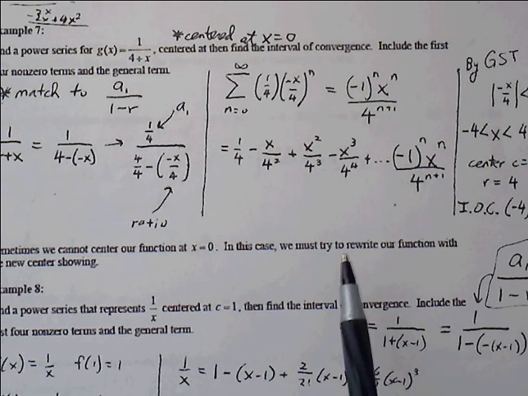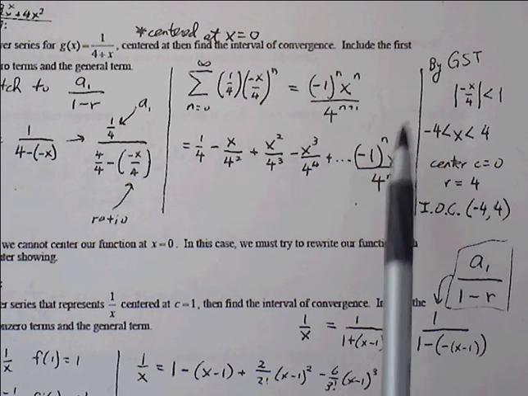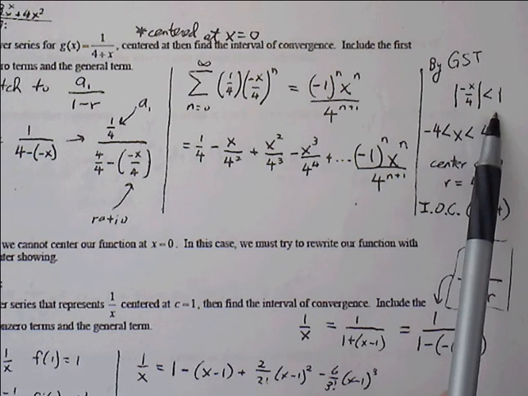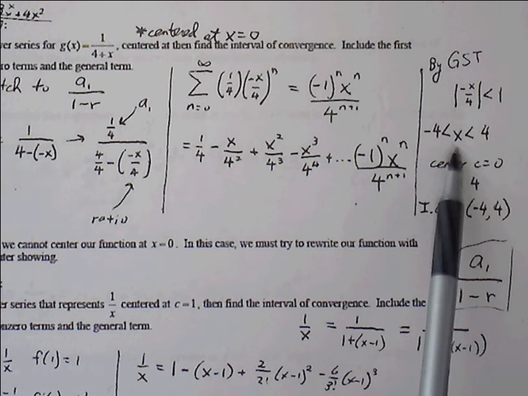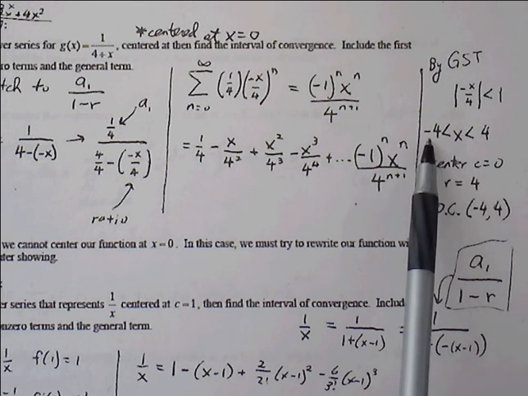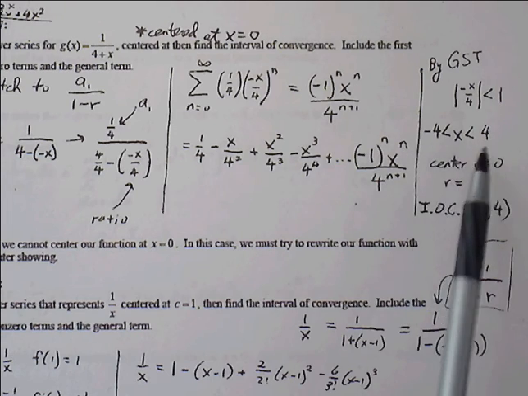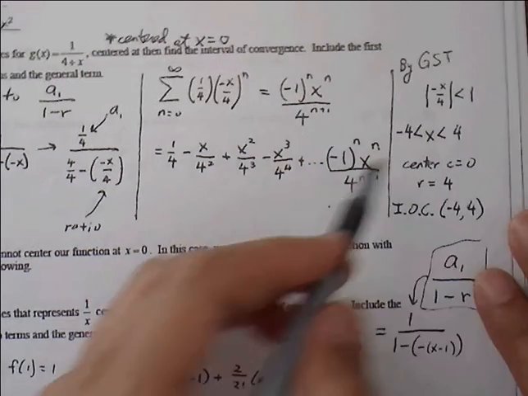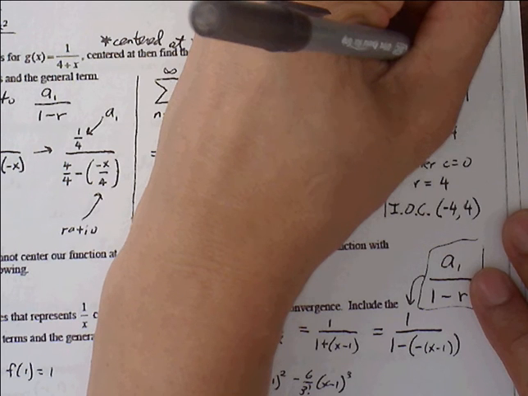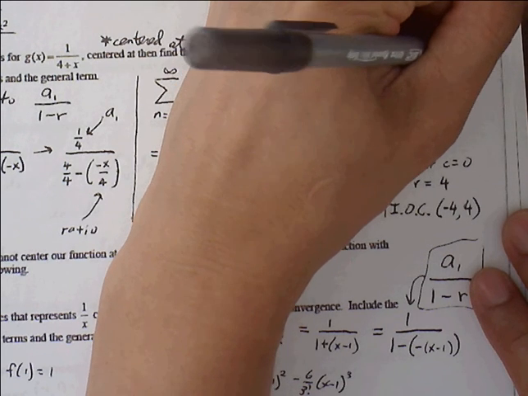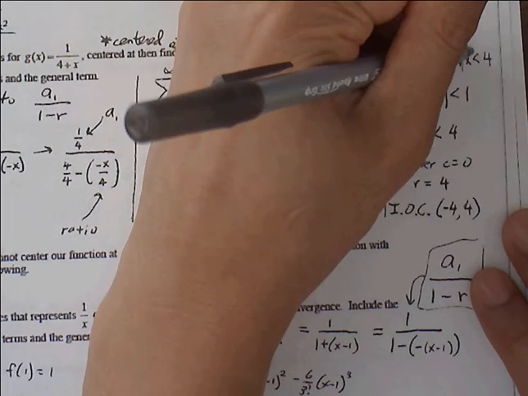All right, we know this is a geometric series. And for geometric series, we therefore know that our ratio must be less than 1 in absolute value in order for our series to converge. So if we solve for x, we get x sits between negative 4 and 4, because, skipping a step here, the absolute value of x is less than 4.